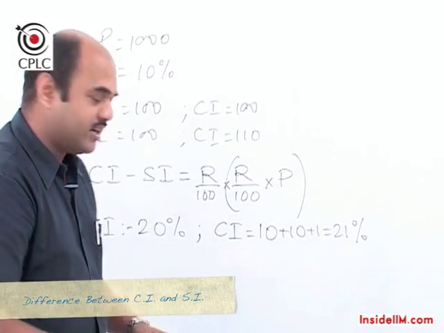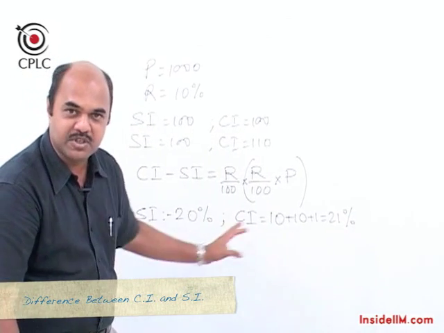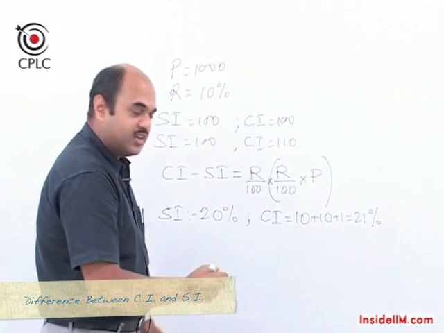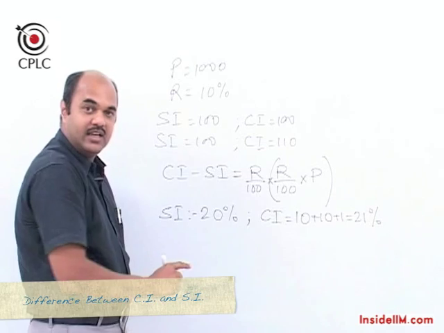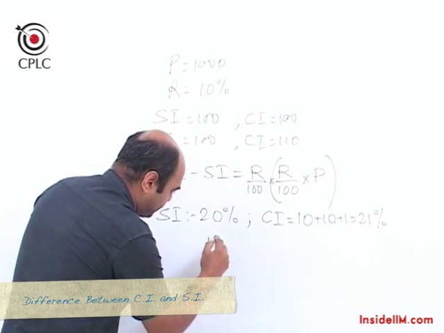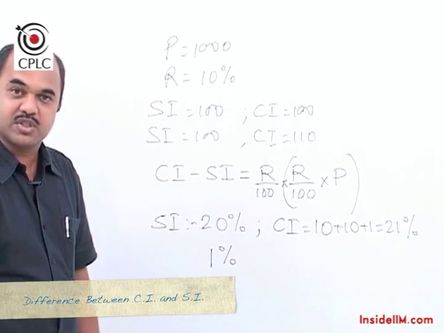So if we look at it at the end of 2 years in percentage terms, the difference between CI and SI in the first 2 years in percentage terms is 1%.